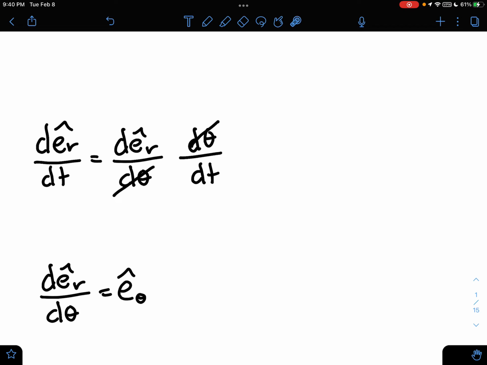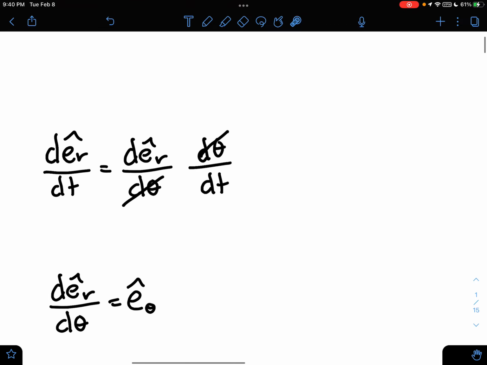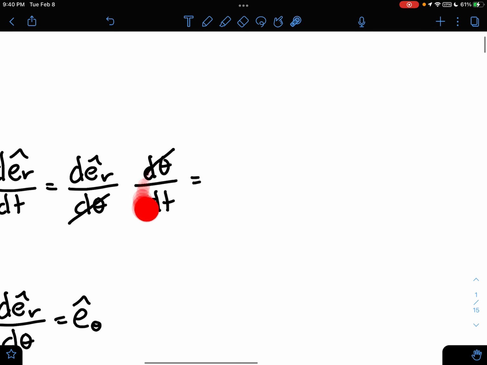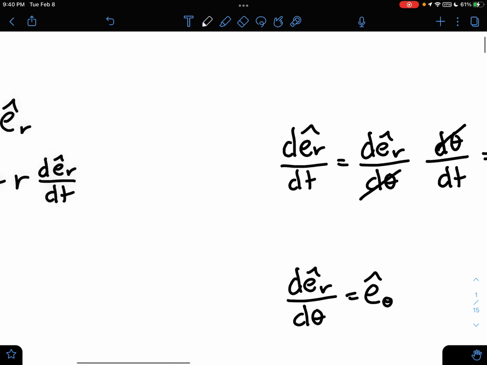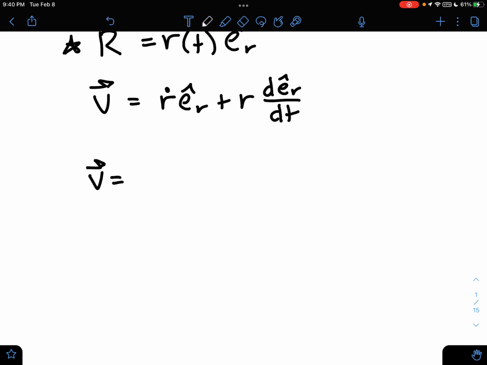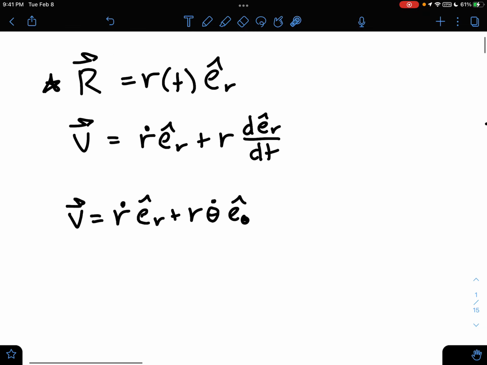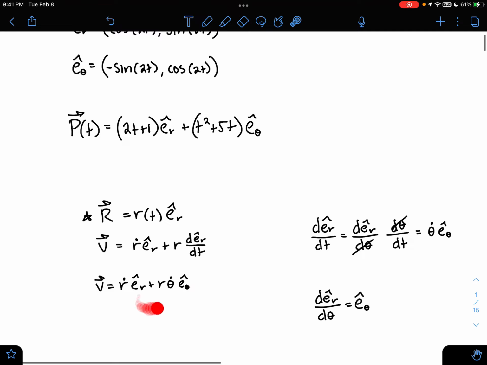Theta cancels out, it's going to leave us with d theta. And so all this is going to give us is the derivative of theta with respect to time, theta dot, times e theta hat. So we get that our velocity is r dot e hat r plus r theta dot e theta hat, which is what we derived in lecture the other day. And this is in the textbook too.